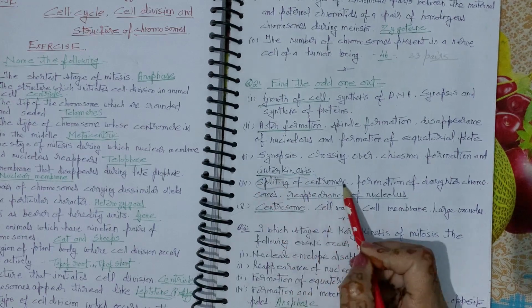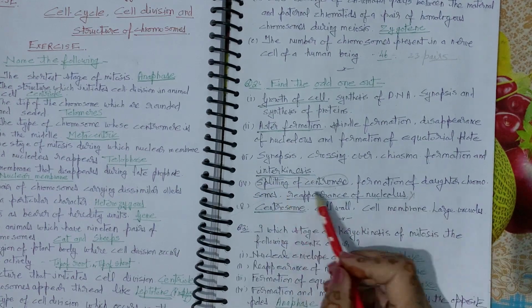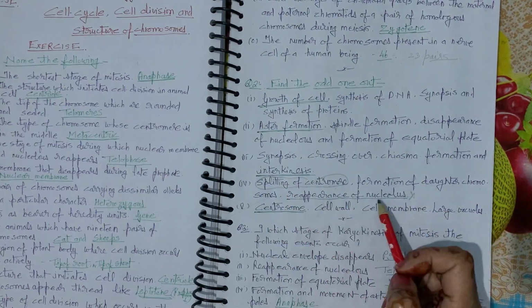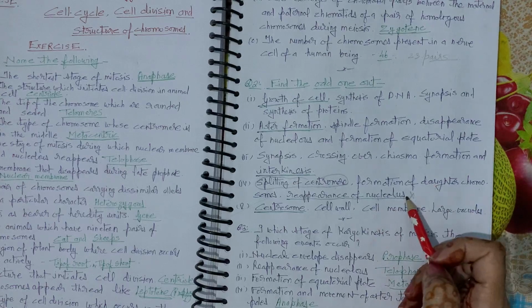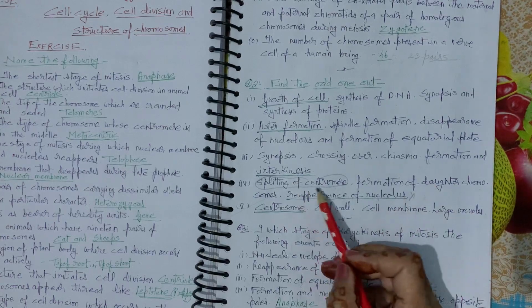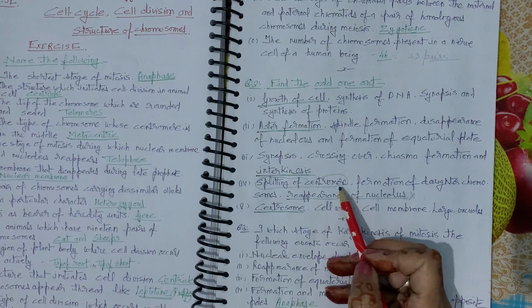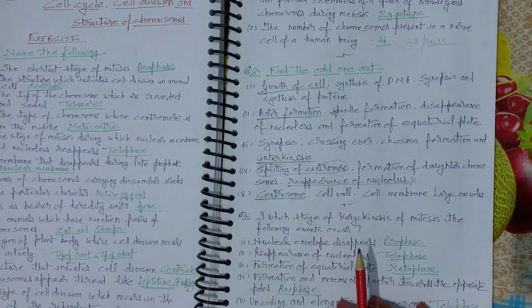Formation of daughter chromosomes and reappearance of nucleolus, both form at the telophase stage, whereas splitting of centromere occurs at the anaphase stage.